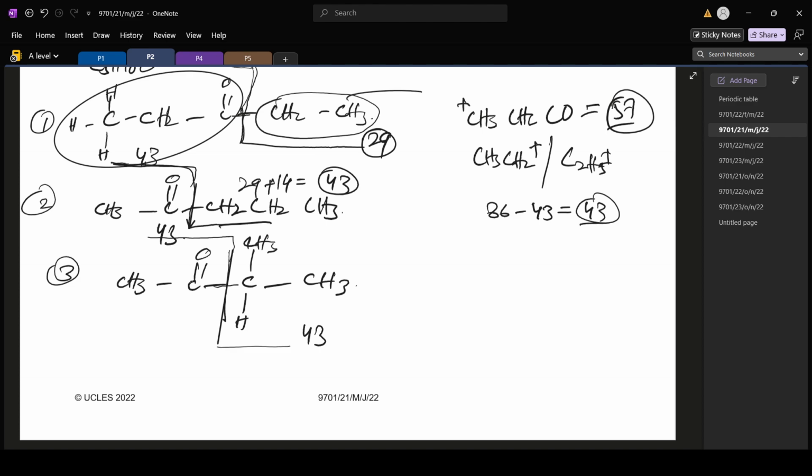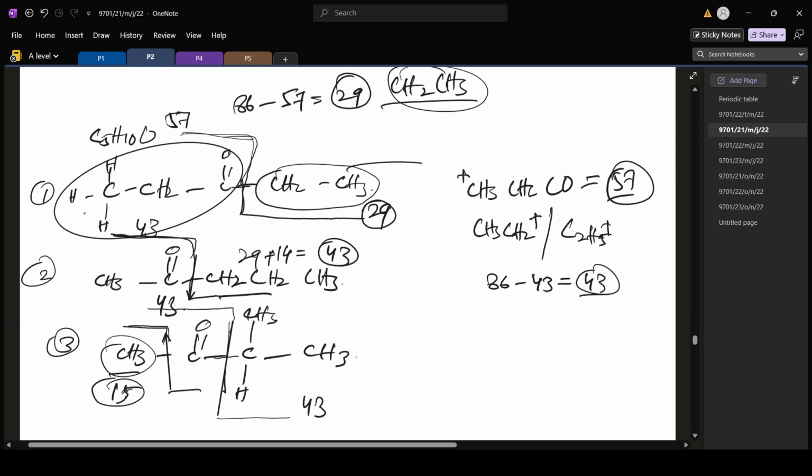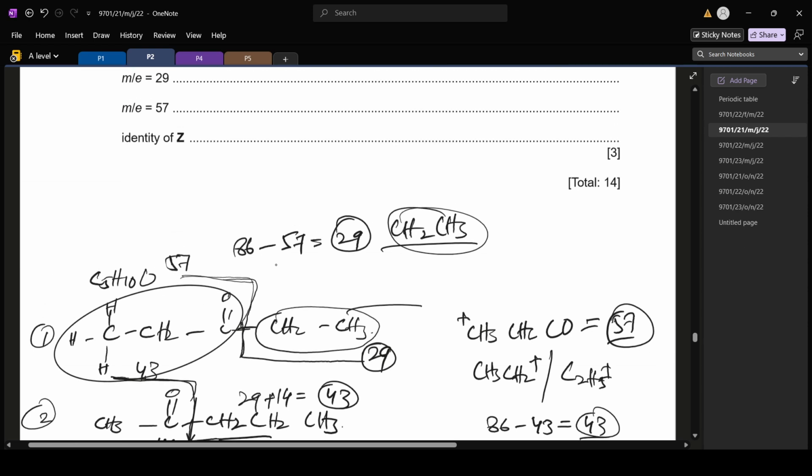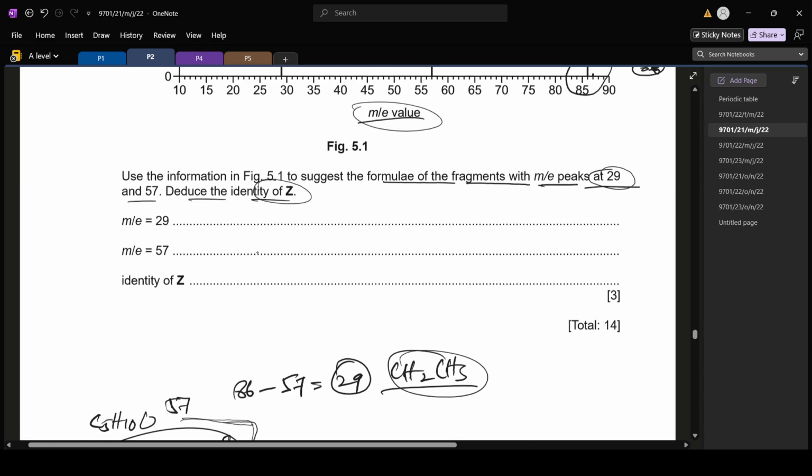So there is no peak at 43, and if you break from here, this will also not give you the peaks, and this would have a peak at 15, but you don't have any peak at 15. So there is only one compound which gives us the exact peaks, and which is pentan-3-one.